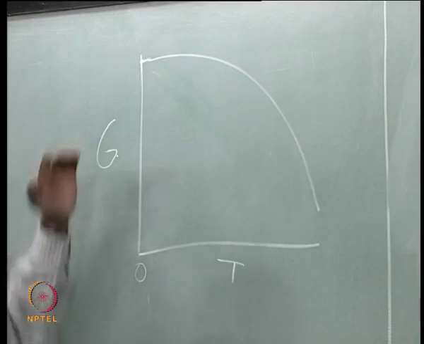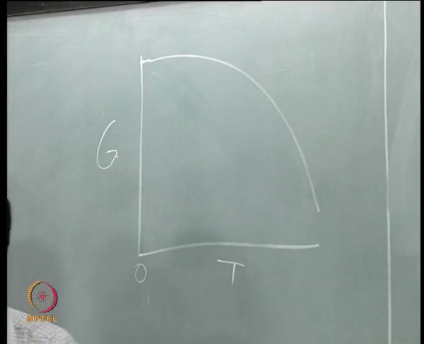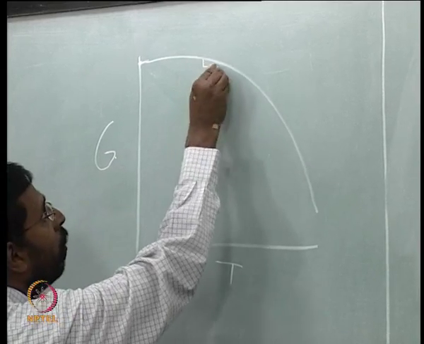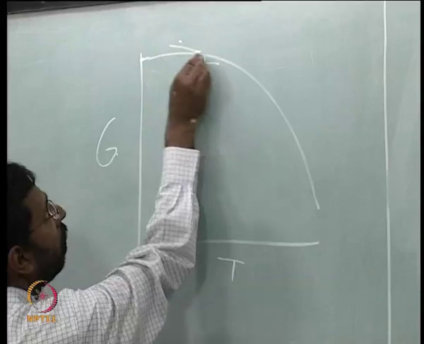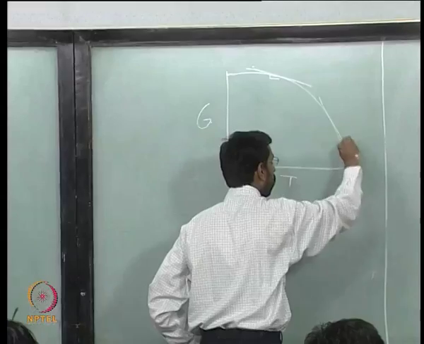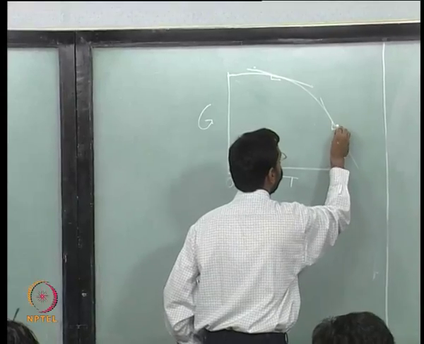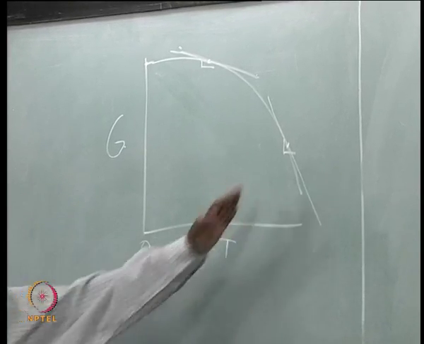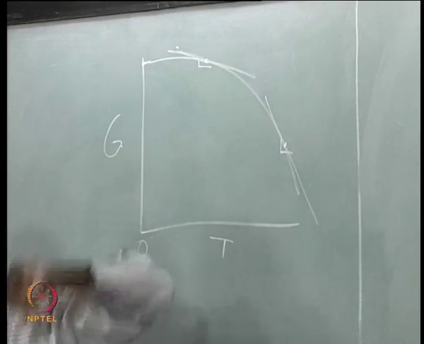At any other temperature the slope is higher, and the slope keeps on increasing. For example, if I draw a tangent here, and I draw another tangent here, this tells me the slope at this point, and this tells me the slope at this point. You can see the slope here is higher, the slope here is lower.